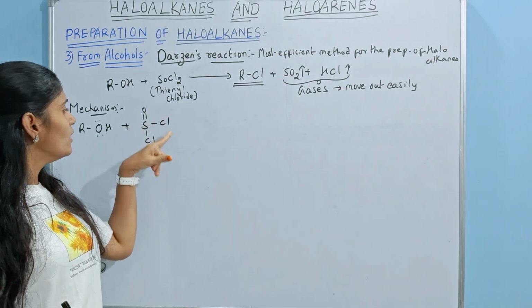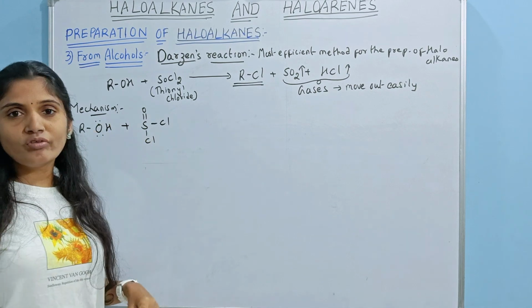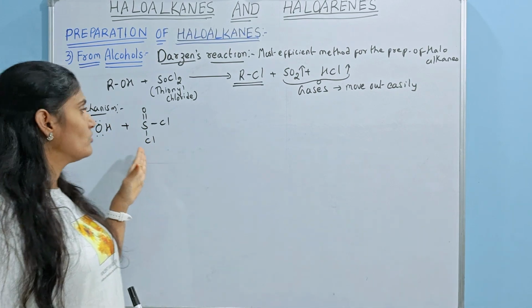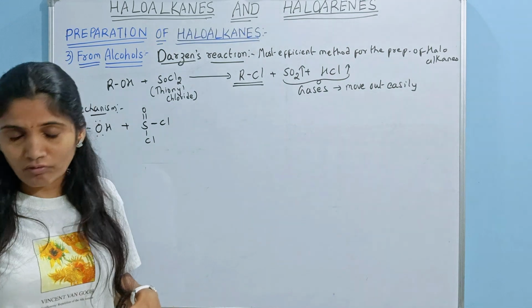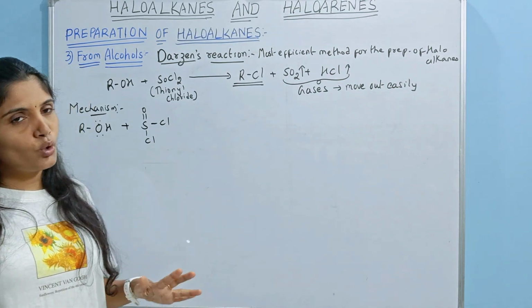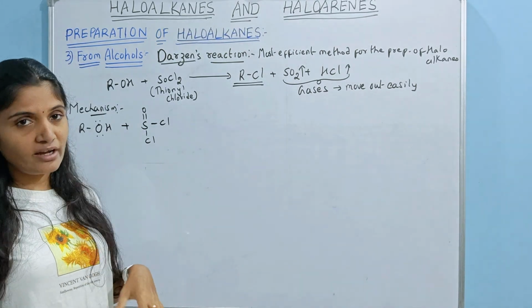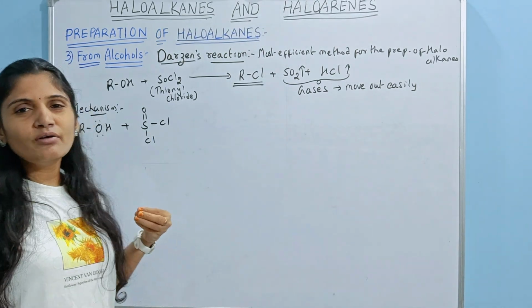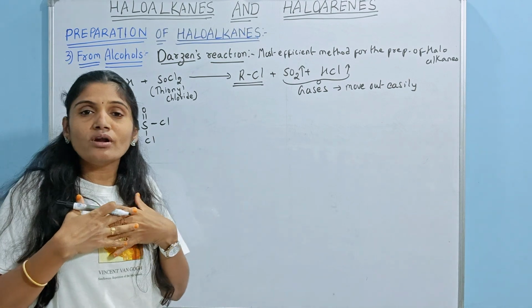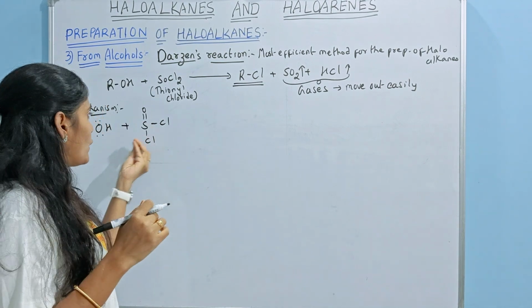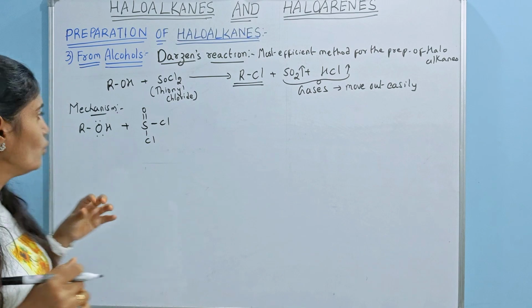Both the chlorine atoms and the oxygen atom which surround sulfur in this compound are highly electronegative. They will be pulling the shared pair of electrons more towards their side. So ultimately, sulfur will feel that the electrons are not with it; they are always with the more electronegative atoms, oxygen and the 2 chlorine atoms.